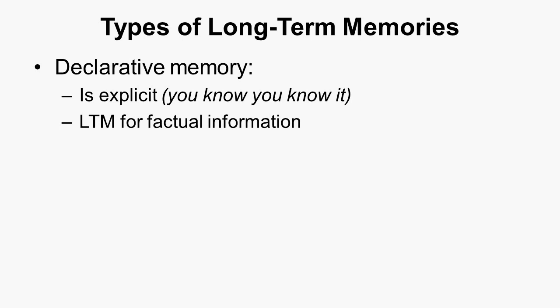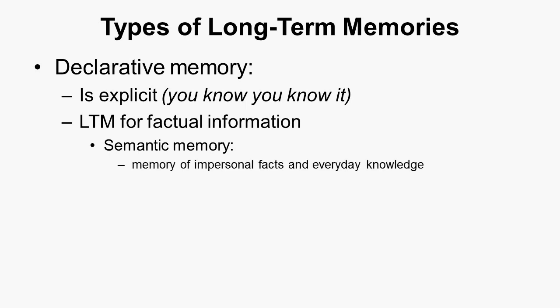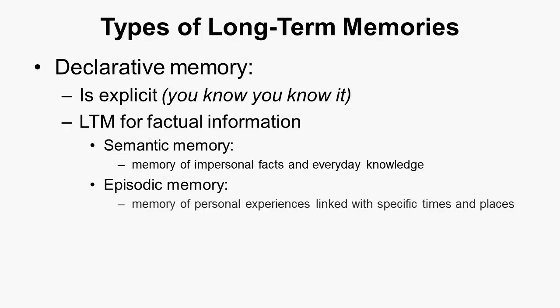That would be an example of a semantic memory, a memory of impersonal facts. But there's also episodic memories, where you're remembering things that happened to you, like what did you have for breakfast, or where did you go for dinner last night. So those are declarative memories.